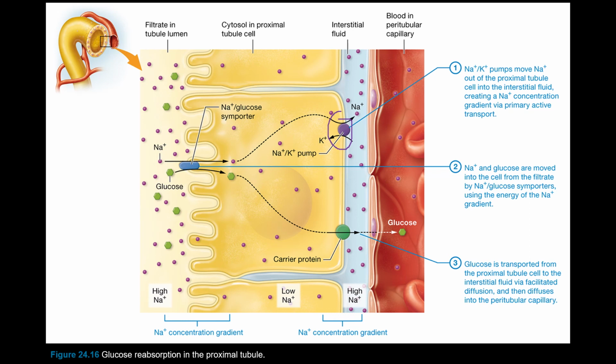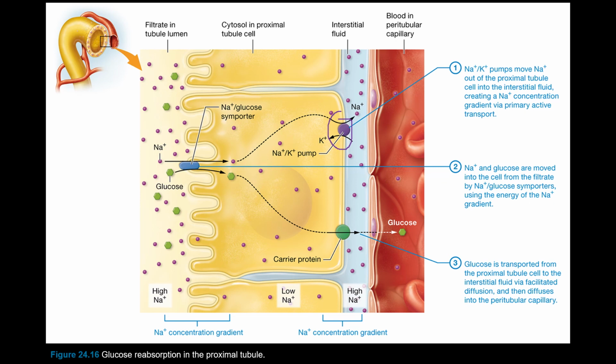The sodium-glucose cotransporter, this sodium-glucose symporter at the apical membrane, is going to move sodium in to reset this balance, and it's also going to pull glucose in at the same time. This is that secondary transport that I've been talking about. Eventually, this glucose is going to make its way down to a carrier protein in the basolateral membrane, and it's just going to facilitate its diffusion right on out, through the concentration gradient from high to low.